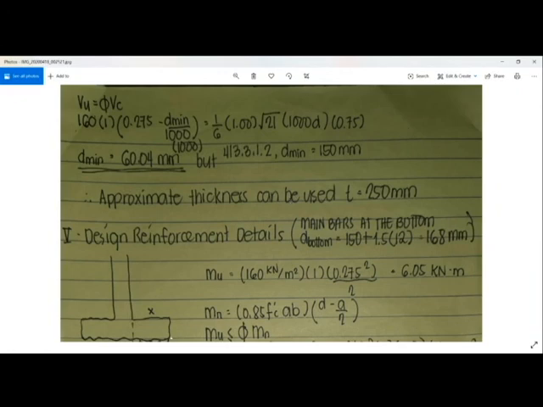Okay. So that's all for one-way shear. Okay, and that ends our video for one-way shear.